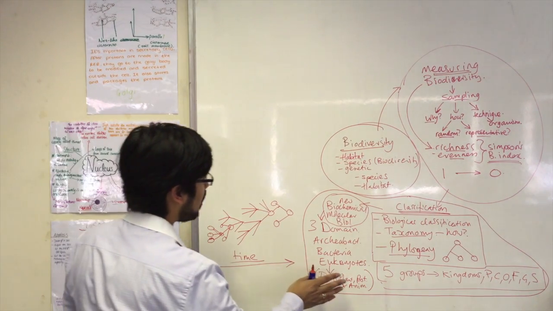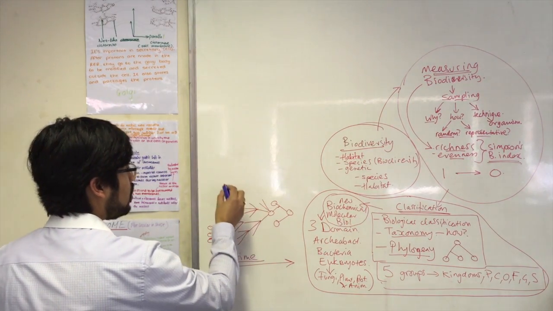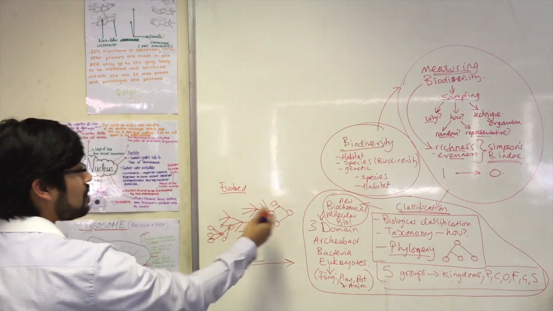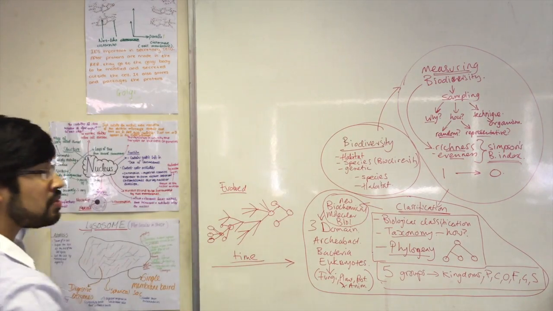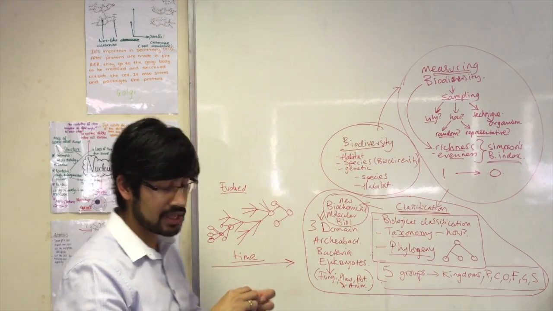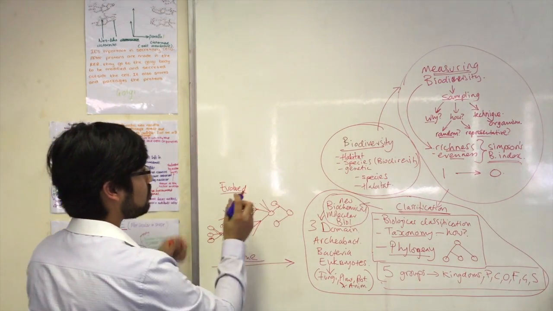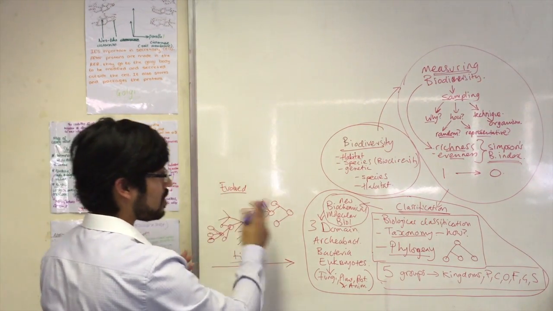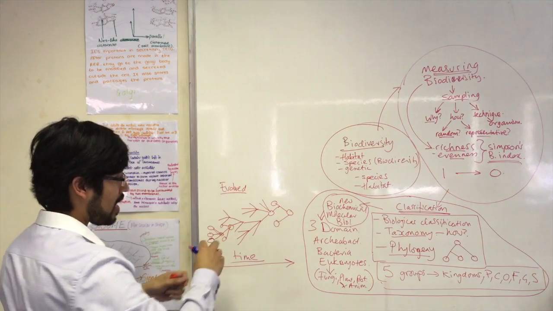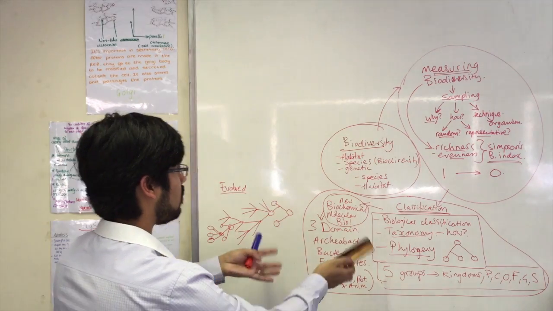So if we look backwards in time and then look at the process, how these species came to arise, the undeniable conclusion is that they must have evolved, gradually becoming different from each other over time to become these different species. Okay? And that's the next topic. So I hope you can see now how classification is related to evolution. Looking at the classification, looking at the tree of life as it were, it kind of in itself is evidence for evolution. And we only have that tree of life because we classify what we find.